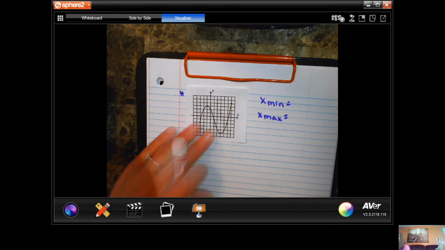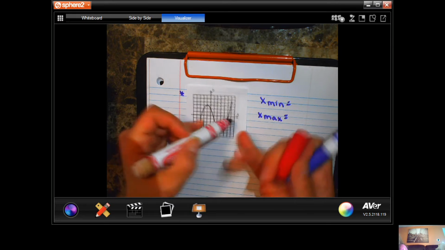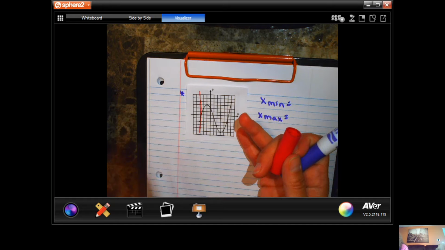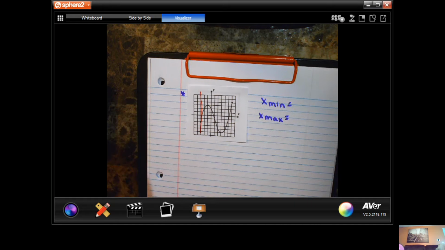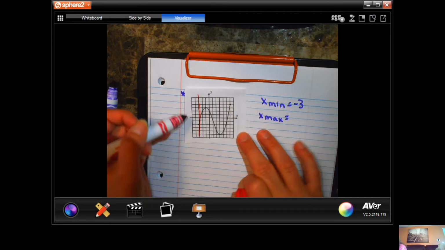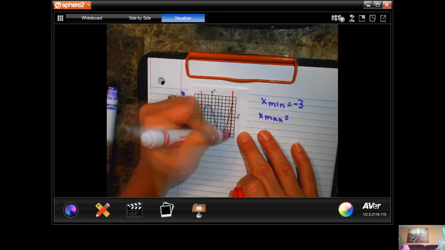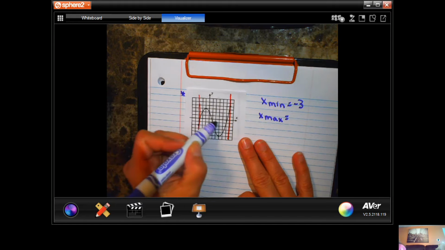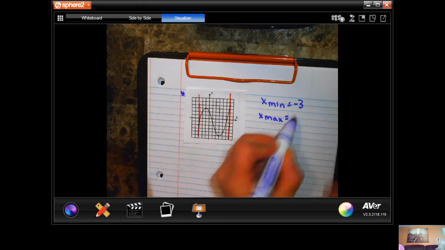So if you look at our graph, these are our x's. The furthest that this graph goes to is this number, which is -3. So I'm going to put -3 for my smallest x value. This graph goes all the way to this side, to this x value. This x value is 6. If you count your numbers, 1, 2, 3, 4, 5, 6. So I'm going to put 6 here.